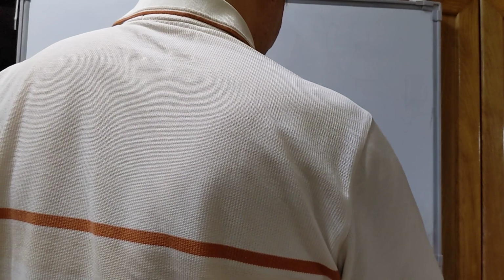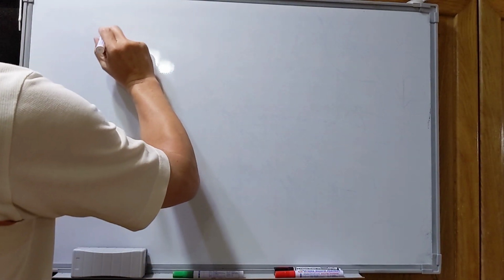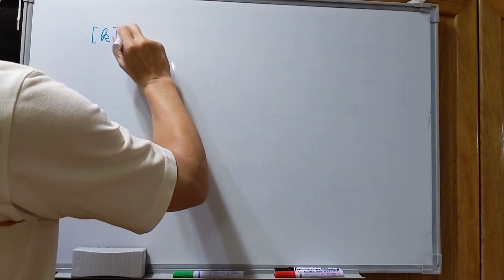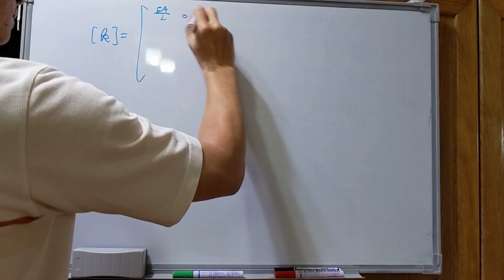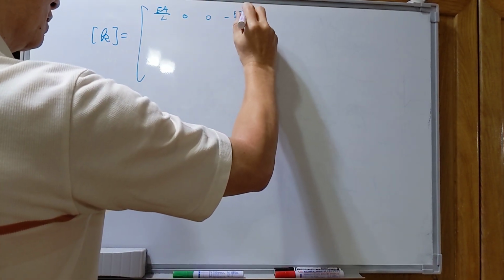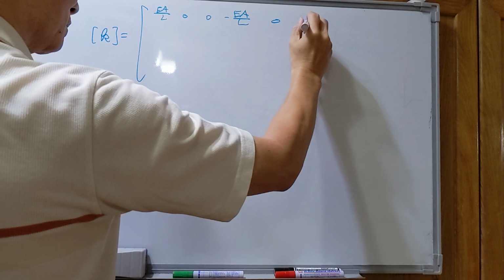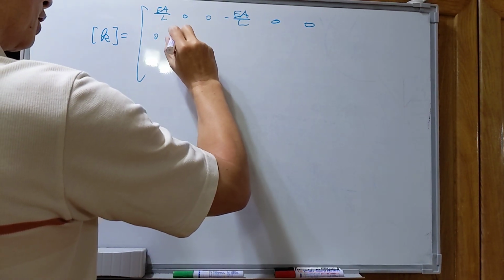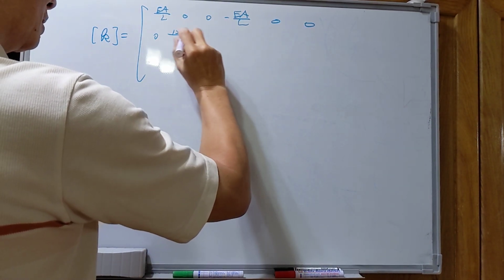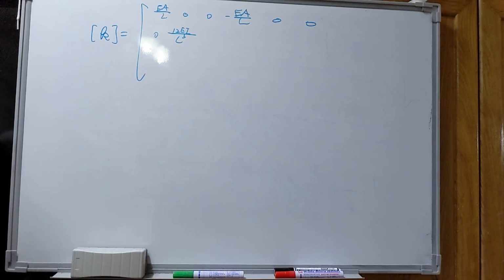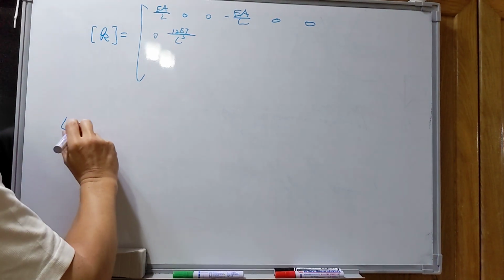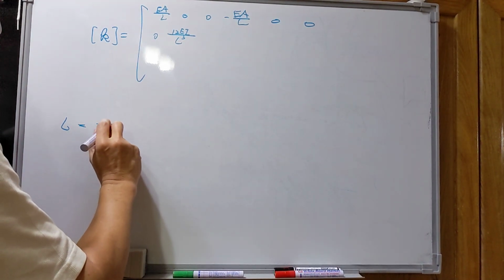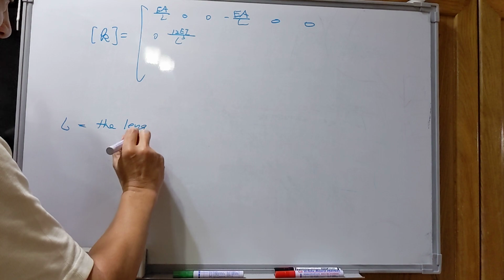First, when we derive the element stiffness matrix K, we use EA divided by L, 0, 0, negative EA divided by L, 0, 0. Also, we have the 12 EI divided by L cubed. And for the L, usually we say that's the length of the element.